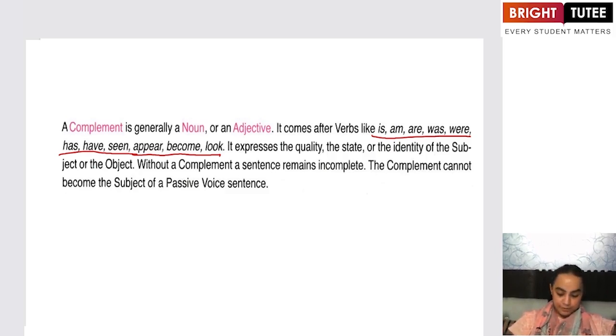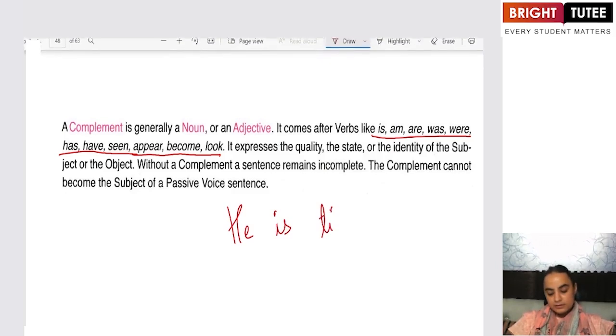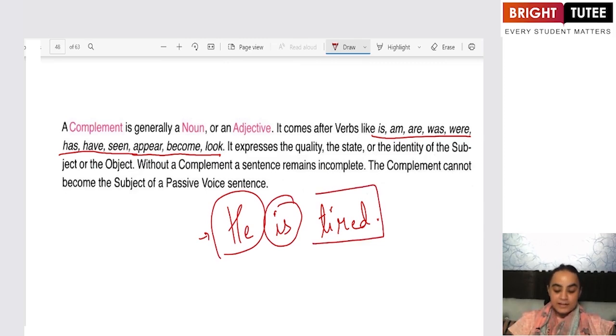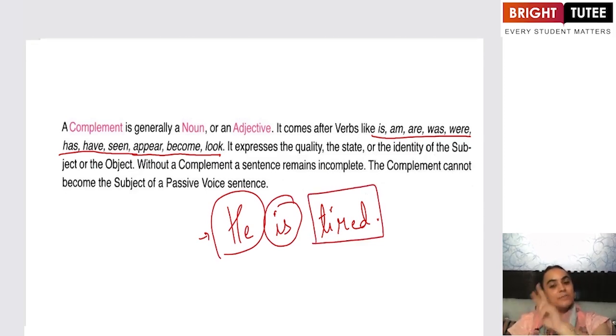For example, if I say, he is tired. What is my subject in the sentence? He. Is is my verb, and tired is the complement of the verb because it is describing the quality of my subject.